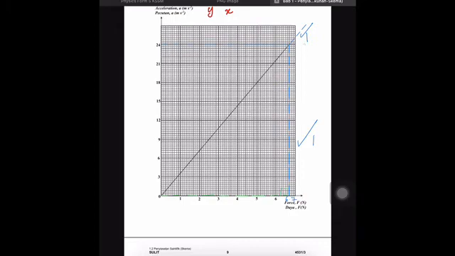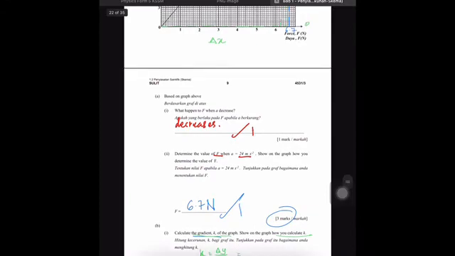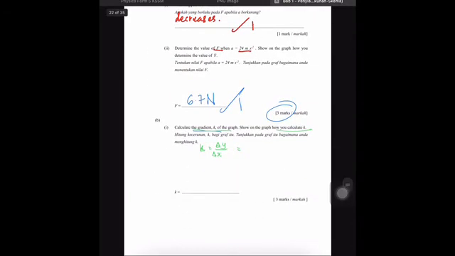Here is 24, here is 0, so this is your delta y, this is your delta x. So 24 divided by 6.7 divided by 0. What will be your answer?